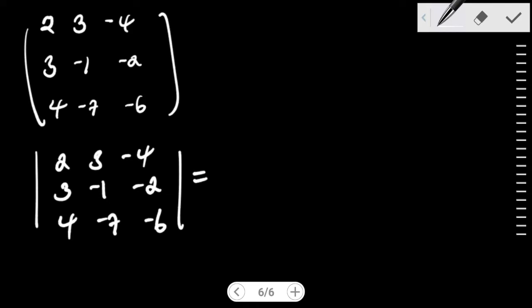This would be equal to 2 times the determinant of the remaining matrix, negative 1, negative 2, negative 7, negative 6.